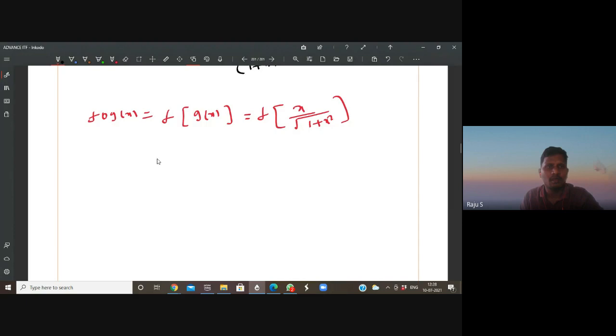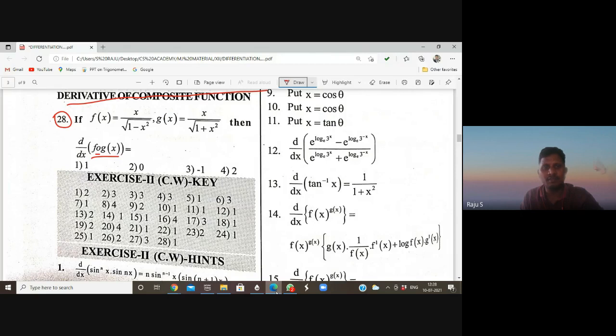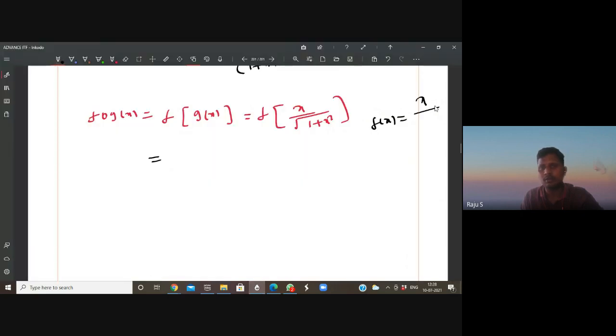What is f of x given? f of x is given as x by root over 1 minus x square. So in place of x, we have x by root over 1 plus x square. Just replace x by this value.